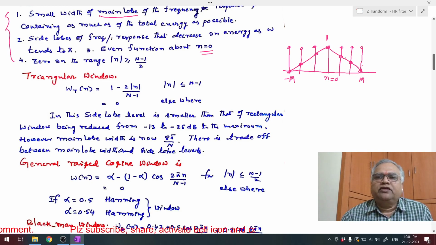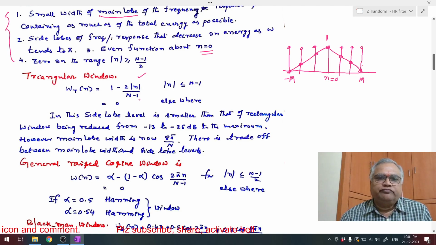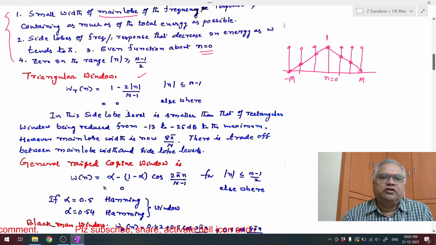That's why it is a triangular window. Mathematically, how is the triangular window defined? 1 minus 2 mod n by n minus 1, and 0 elsewhere. For different values of n, if you plot, you will get this triangular shape.